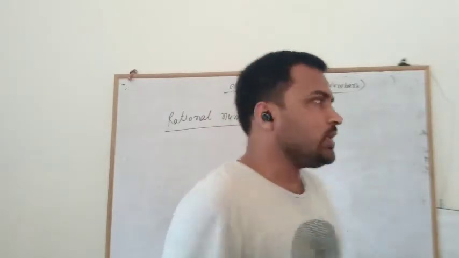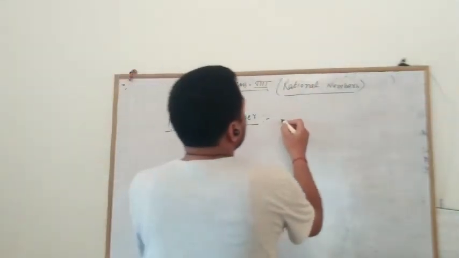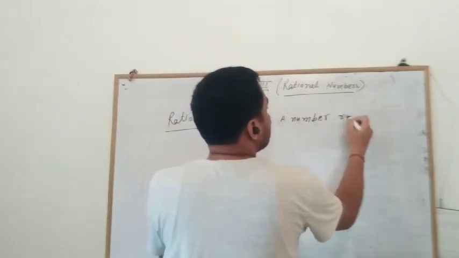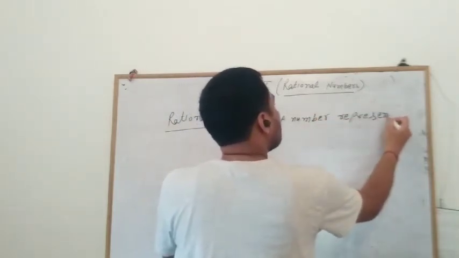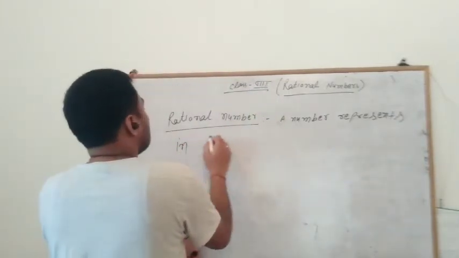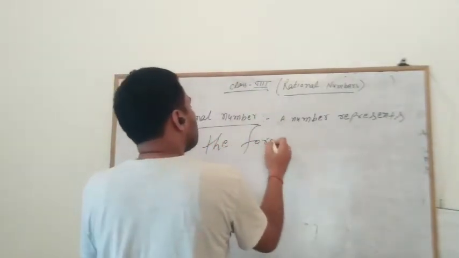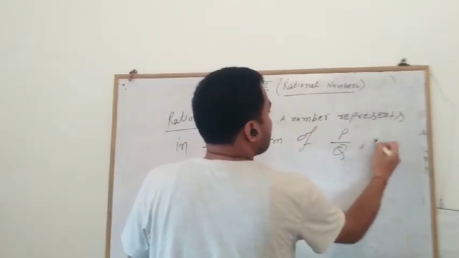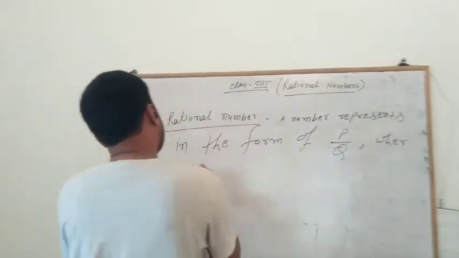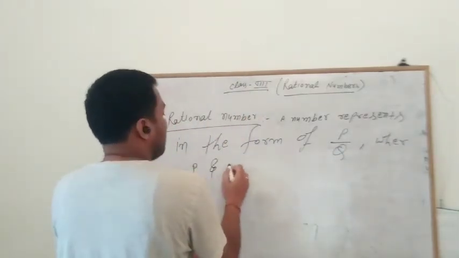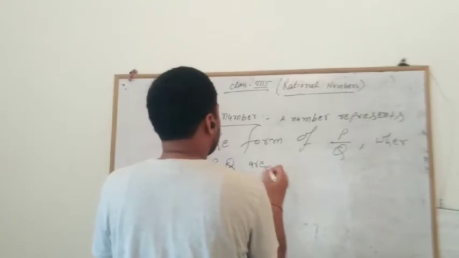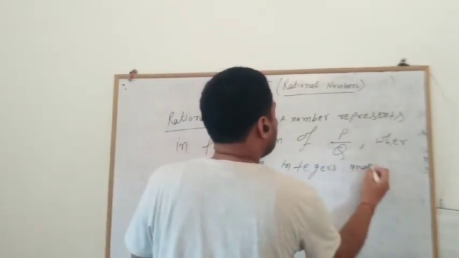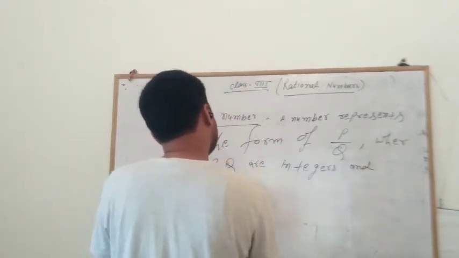So here we can simply write that a rational number is a number represented in the form of p by q, where p and q are integers and q is not equal to 0.